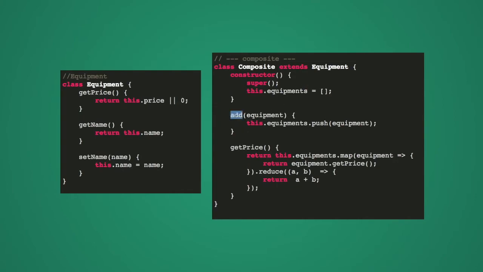So the composite expects an equipment. A composite is an equipment, is a child class, and it has all the properties of the parent class equipment. So it can actually pass in as an equipment, which means you can have a parent composite and multiple child composites under that. Does this make sense?